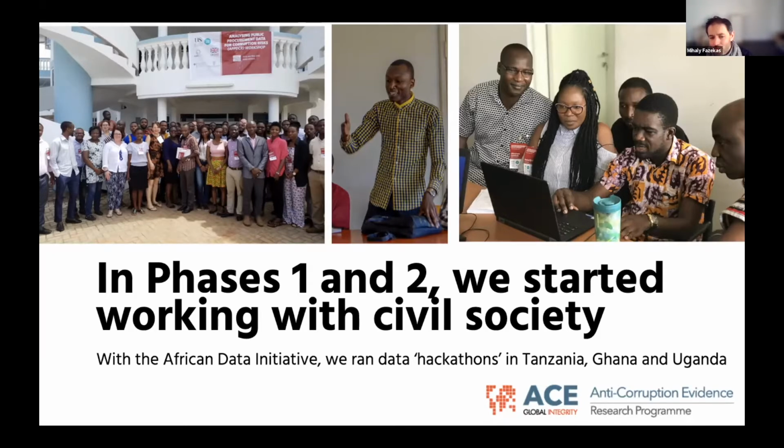So what we started to do is not just publish the data we have, which was really the starting point, but going one step beyond and organize hackathons with civil society, with maths and statistics students. We did partner with the African Data Initiative, and together with them, led by African developers, we developed a tool which is called R-Instat, which is a free statistical tool which actually has a procurement corruption module.